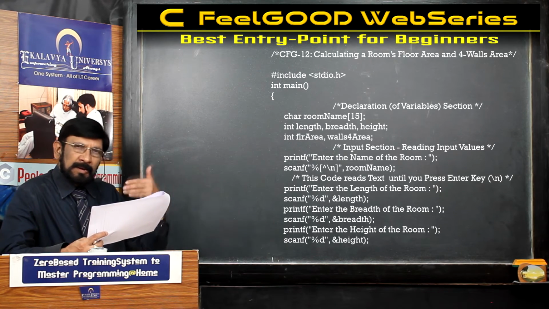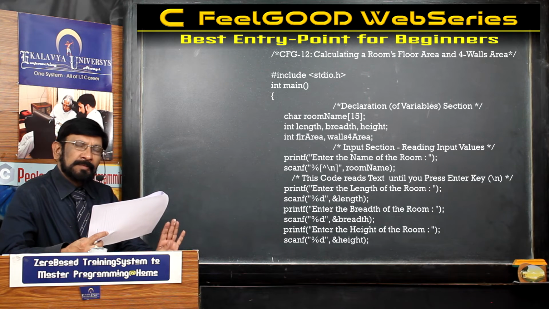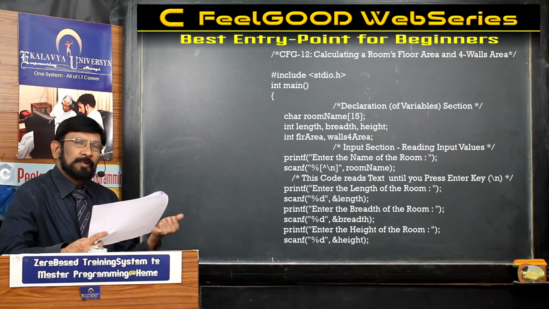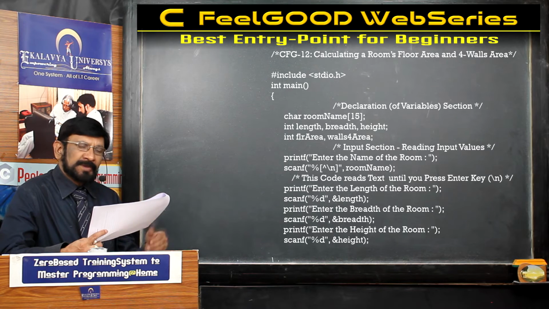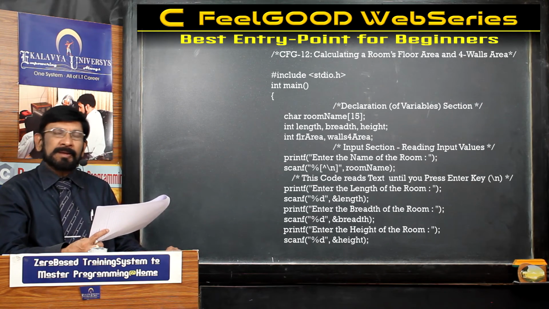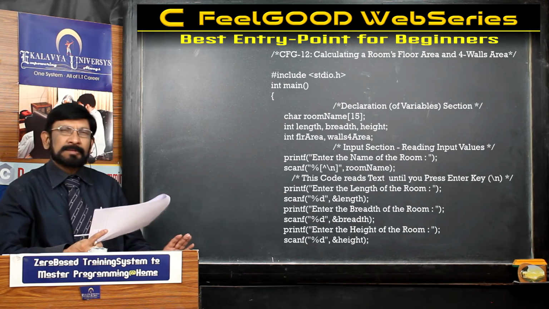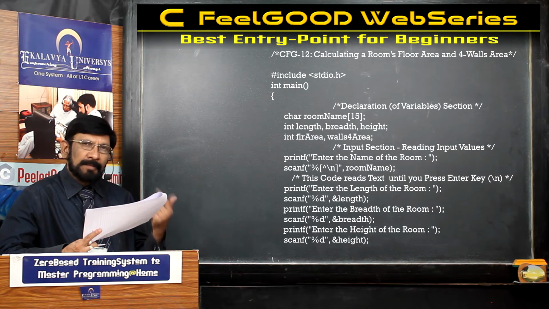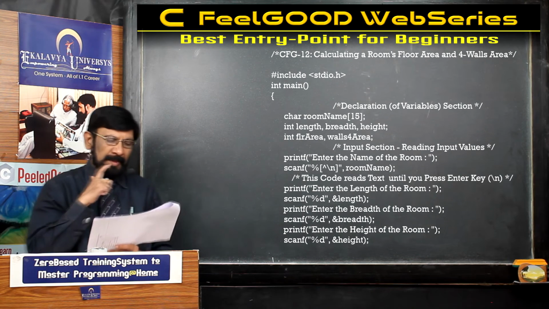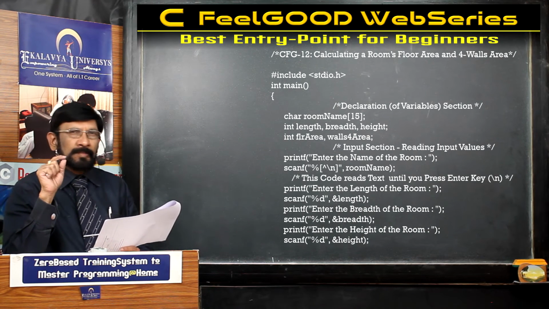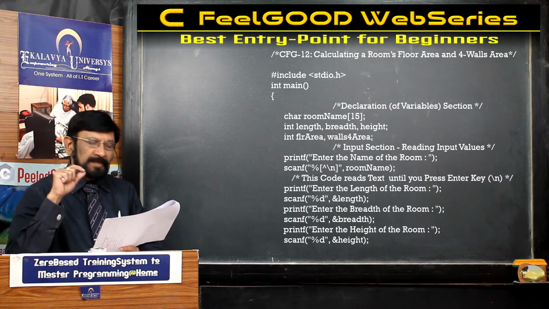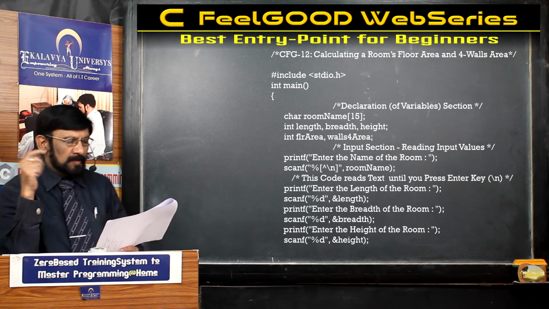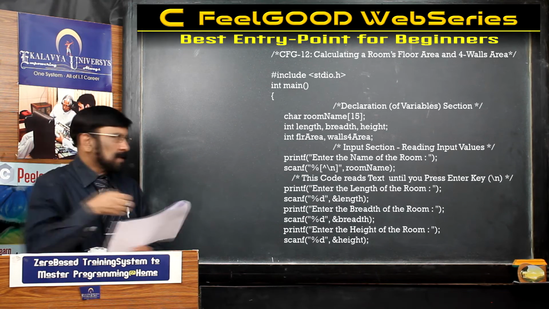Thereafter, we have prompt statements to write. How many variables do you have to read? You have to read 4 variables. So how many statements do we have to write in the input section? 8 statements: 4 prompt statements and 4 scanf statements. As far as the name of the room is concerned, you can read multiple words; I have given the corresponding code.